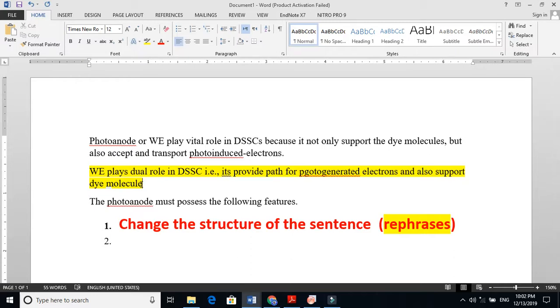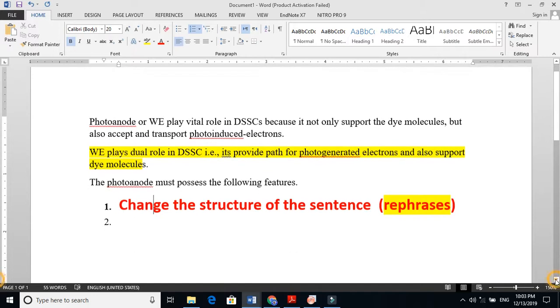The main things are there, but I just changed the structure of the sentence. I rephrased: working electrode plays dual role in dye-sensitized solar cell. That is to say, it provides path for photo-generated electrons and also supports dye molecules. You see, this is very interesting. So this is one way how to avoid plagiarism.